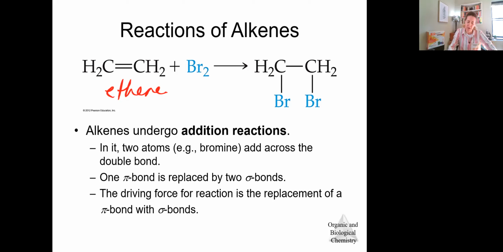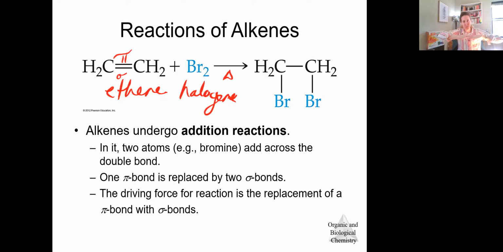This is ethene, and it reacts with a halogen, which of course is bromine, right? This is a halogen, and when they react, the pi bond on this alkene will break because it has some energy in the form of heat or whatever the reaction conditions might be.